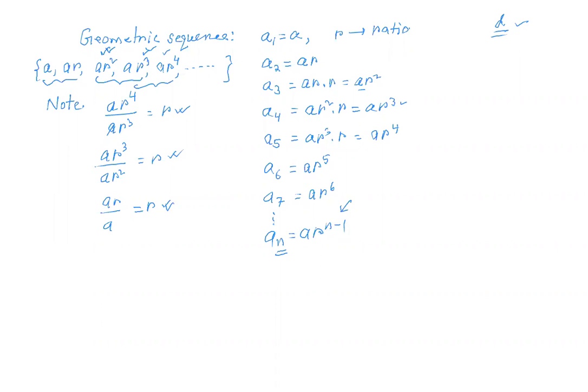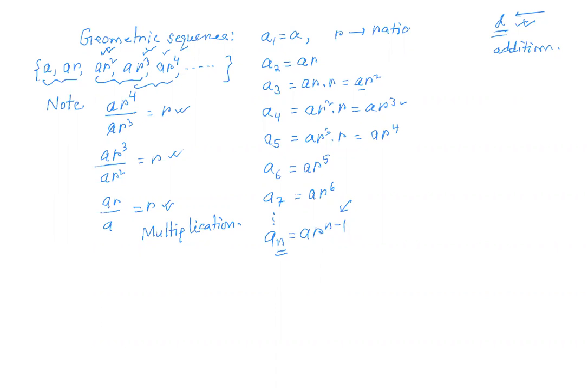R is called the ratio, whereas D is called the difference, because in an arithmetic sequence we're dealing with addition, and in a geometric sequence we're dealing with multiplication. Is this okay, guys? Is this clear? Yeah.